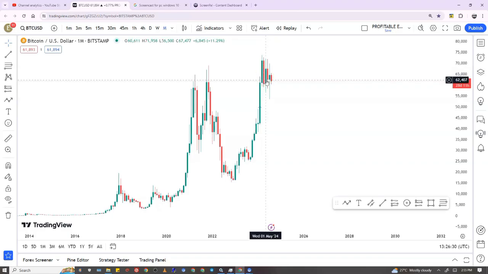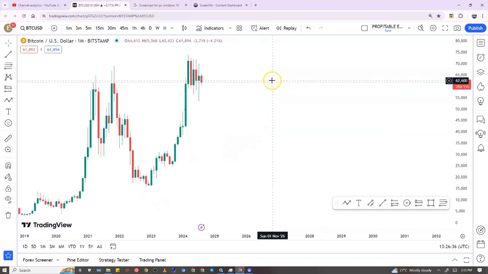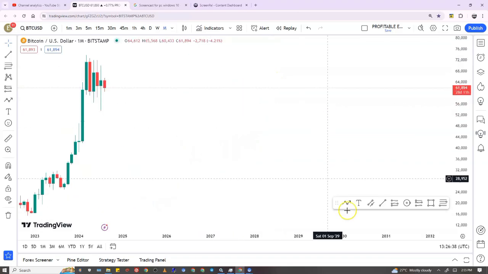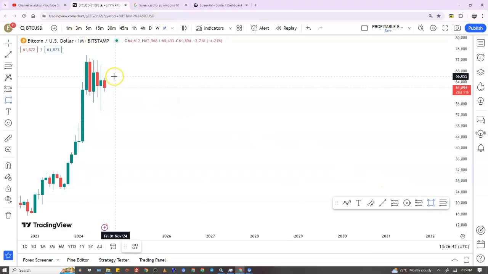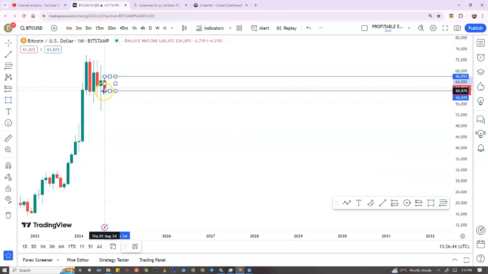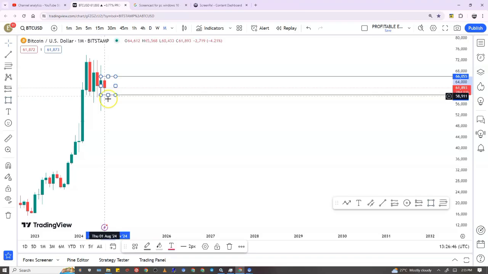This is Bitcoin USDT. This was February, and the next one was March. We are on April, now May, you can see June, July, and here it is, August.